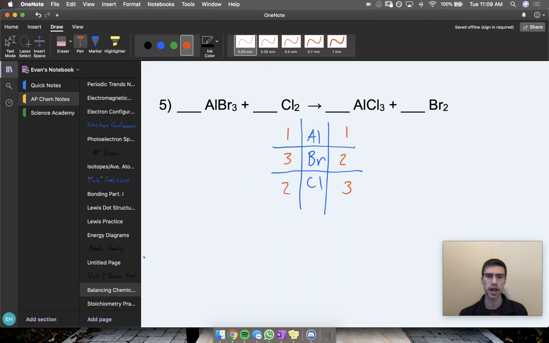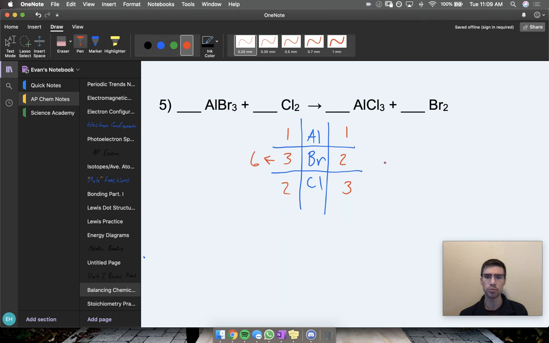And if I were you, again, I'd probably balance our Cl2 and our Br2 last, just because those are by themselves. And again, the only things they're going to change are the chlorines and the bromines respectively. So since I have 3 bromines on the left and 2 bromines on the right, I'm going to try and move both of those to get to 6.